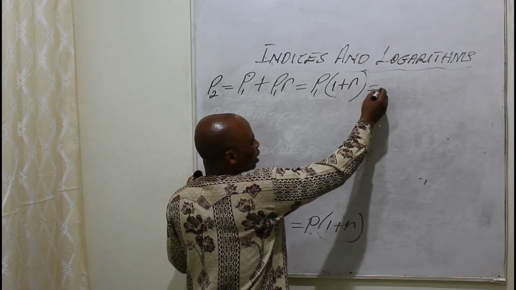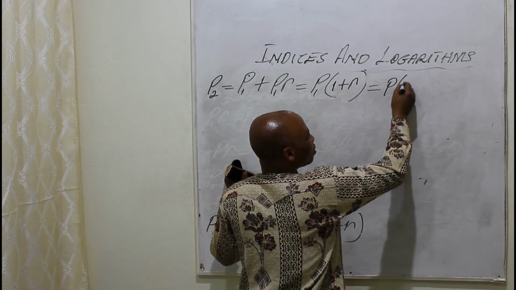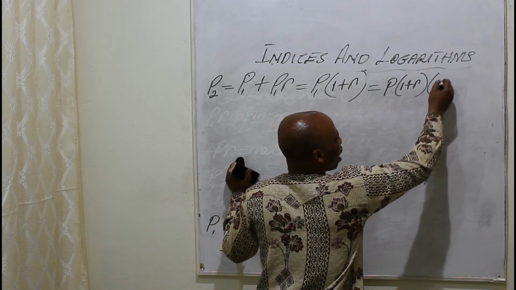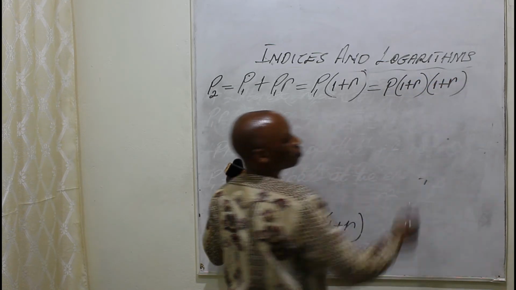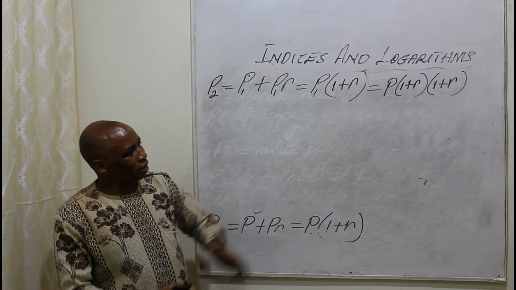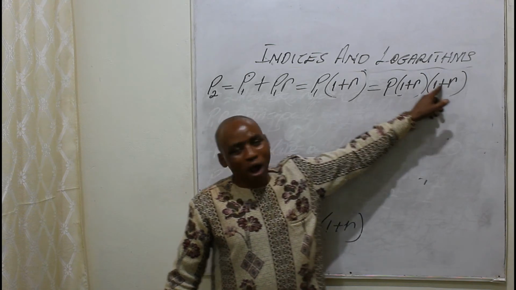And this we will end up getting P times 1 plus R, bracket close, times 1 plus R.